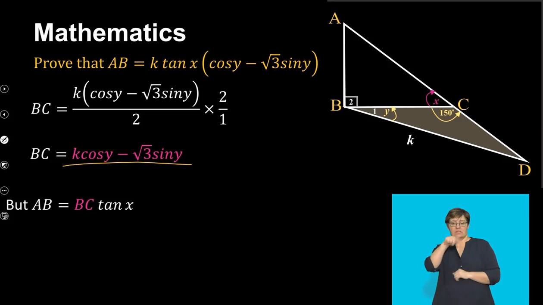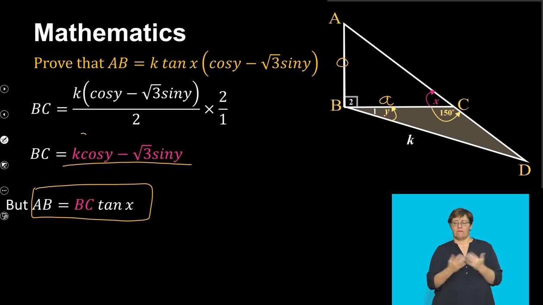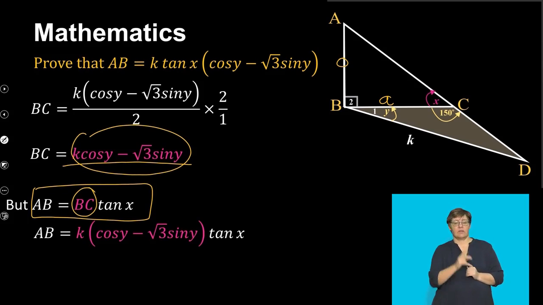But remember, we started off with AB equal to BC tan x, using this triangle, because we said tan of x was equal to opposite over adjacent. Now I'm going to take this expression for BC and substitute it in here. We end up with k times cos y minus root 3 sine y, times tan of x.